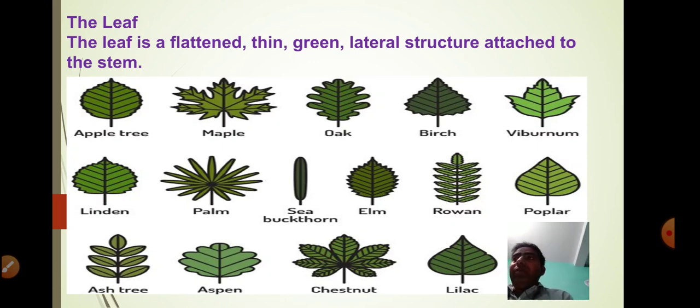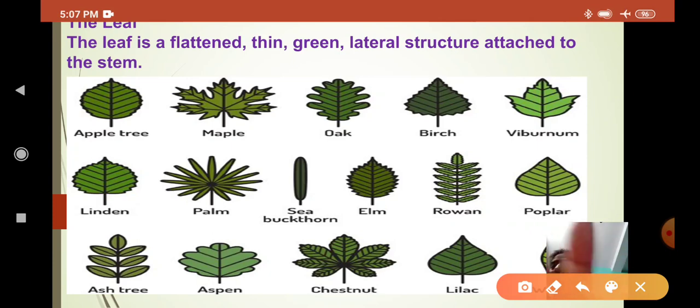Before that, we will read about the types of leaf. There are two types of leaf: simple leaf and compound leaf. In a simple leaf, the lamina is not divided into segments. You can see here, this is the simple leaf.